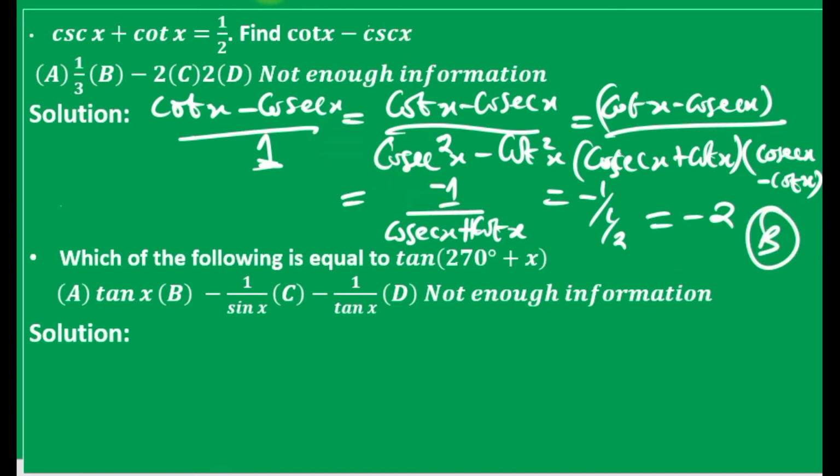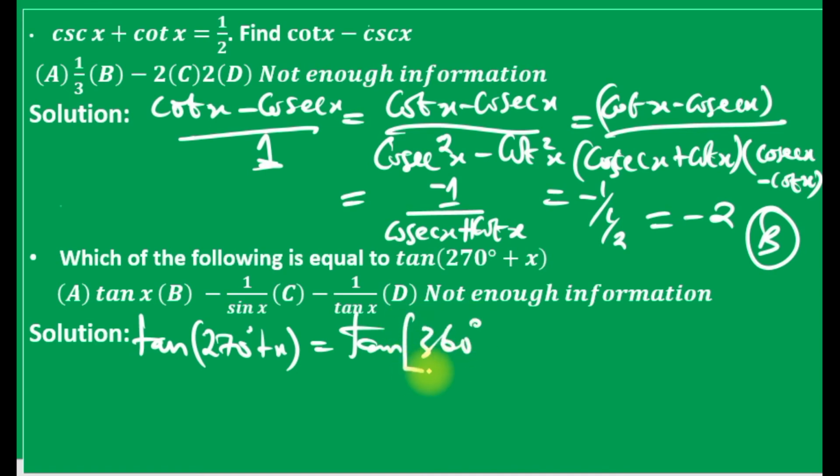Our answer is B. The next question, which of the following is equal to tan 270 degrees plus x? Okay, I'll solve it this way. I can write tan 270 plus x as tan 360 degrees minus 90 degrees minus x.